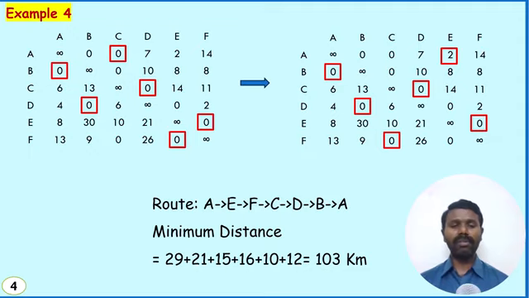So the total minimum distance, if you see, will be 103. So in this way, even with 5 iterations, we can solve this problem.